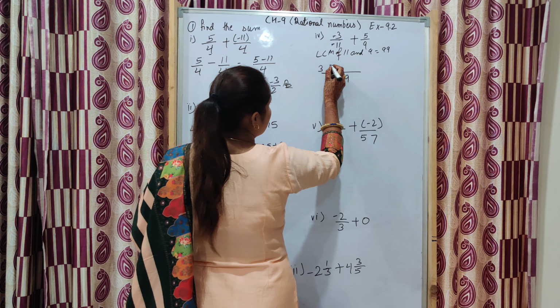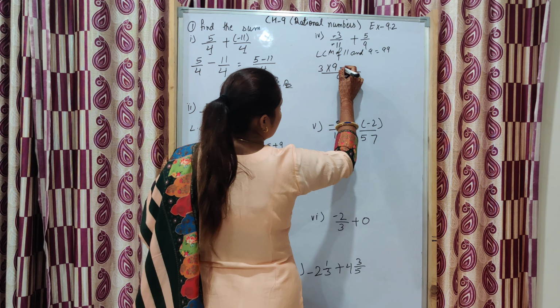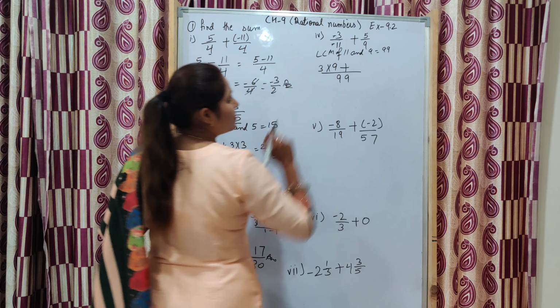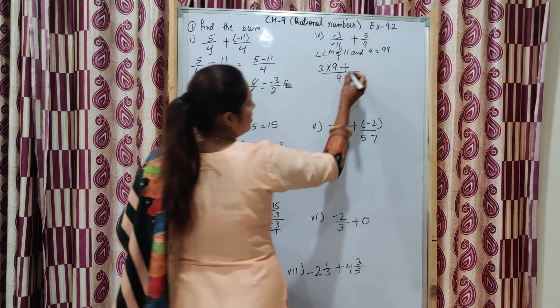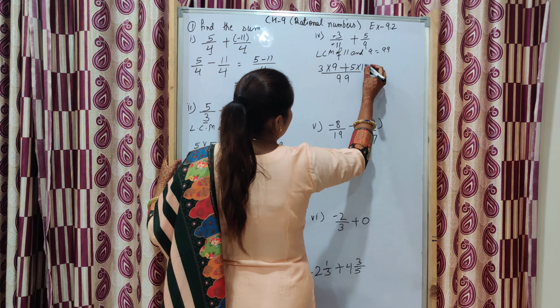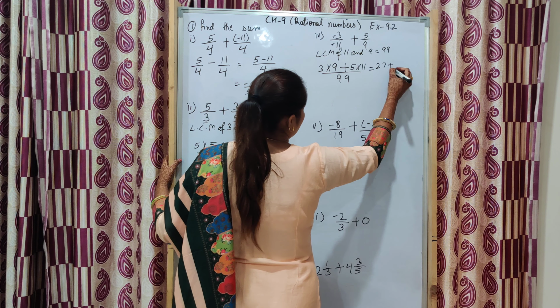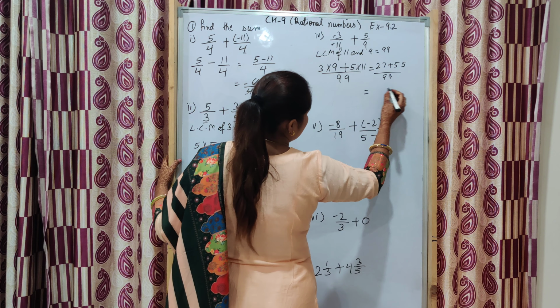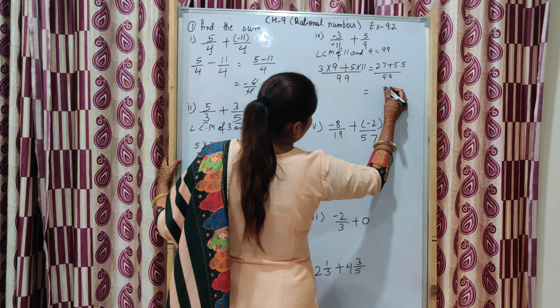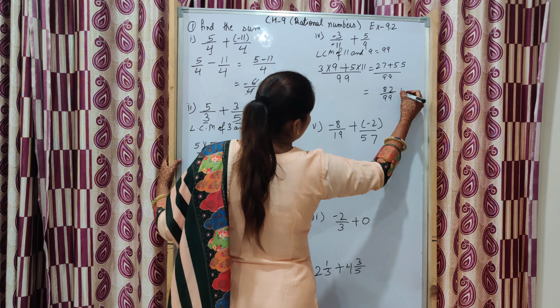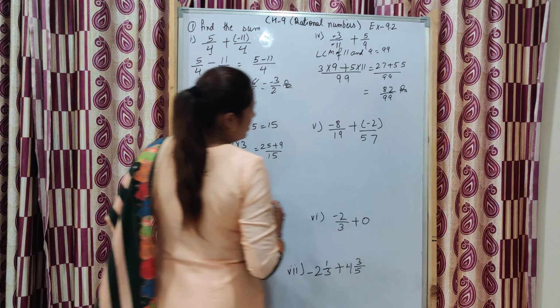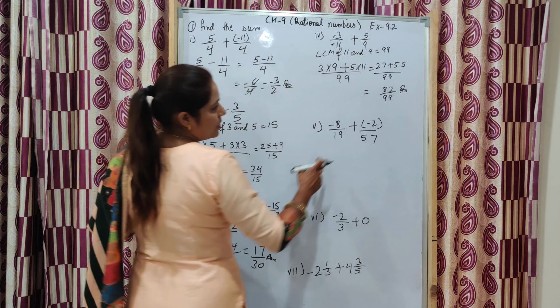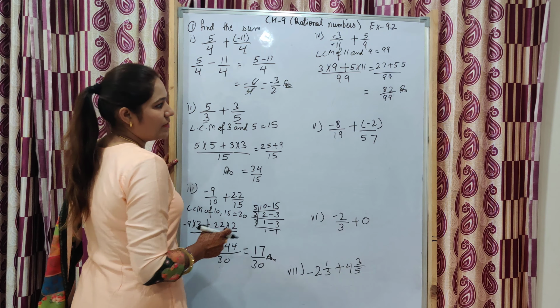Multiply with 3. 3 into 9, plus 99 divided by 9, we will get 11. 5 multiplied by 11. 27 plus 55 upon 99. Add it. 82 upon 99.